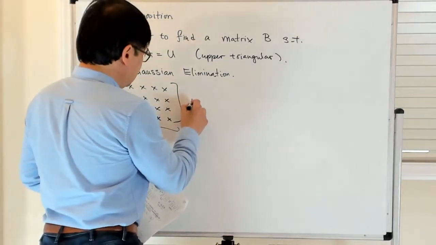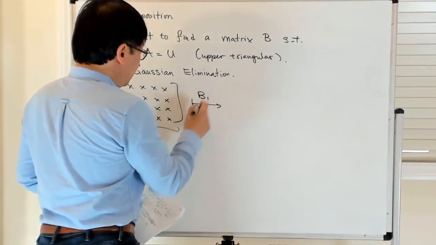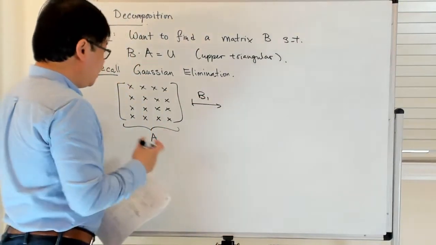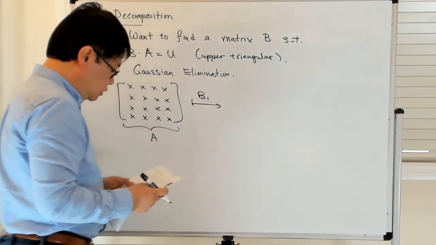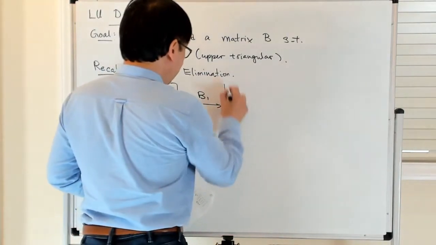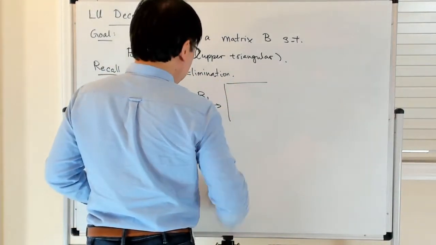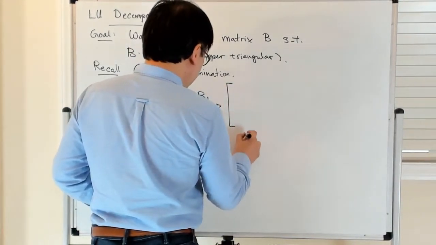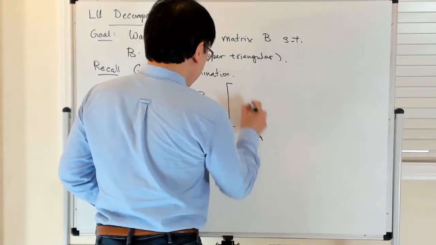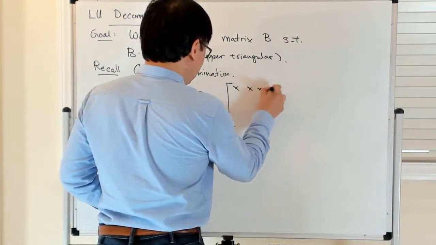Okay, so I'm going to write that transformation as a matrix B1 acting on A. So B1 is going to be applied to this in such a way that when I look at the matrix B1 times A, I have now something of the following form.